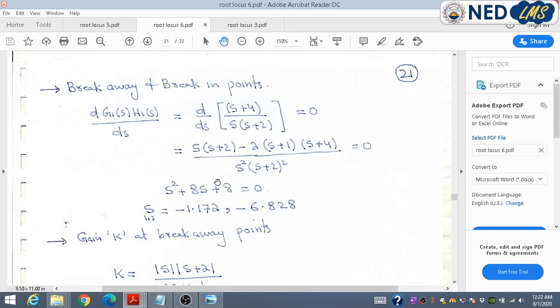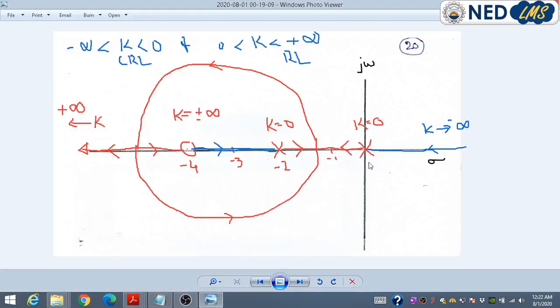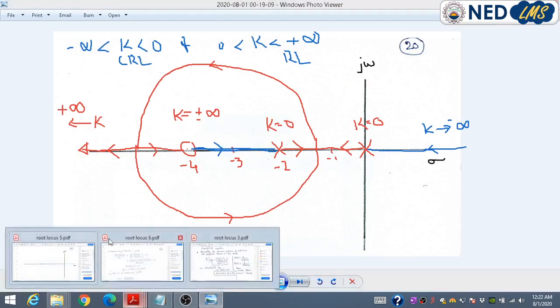As I have stated earlier, the solutions must be incorporated in our root locus, because these are the system roots as well. So we have to accommodate these 2 points. One solution is minus 1.172, as it is already obvious that we have a need of one breakaway point in between 0 and minus 2, and that would be this one.